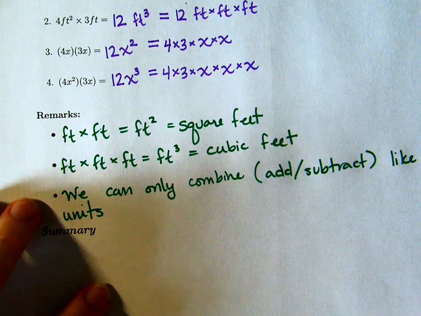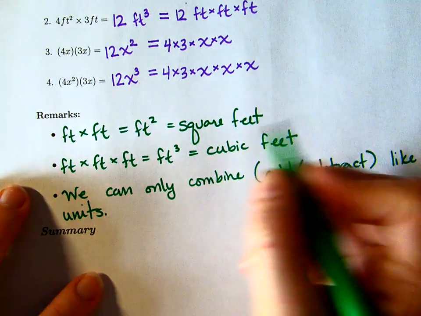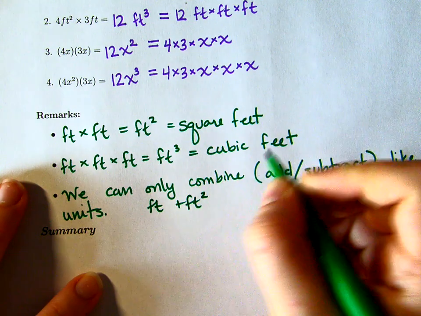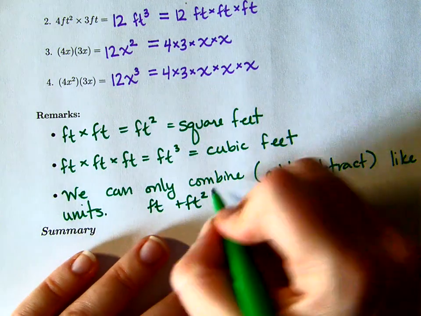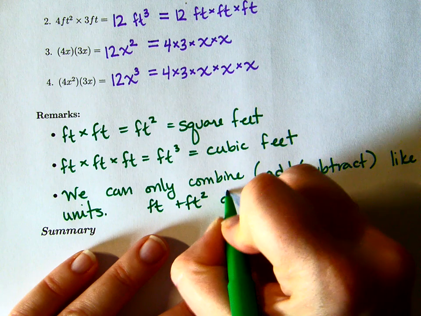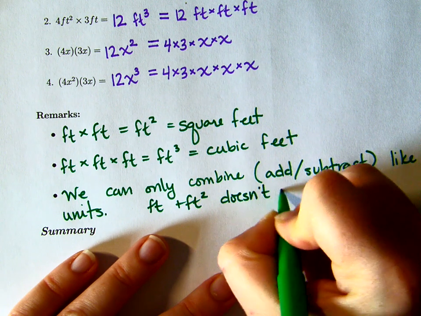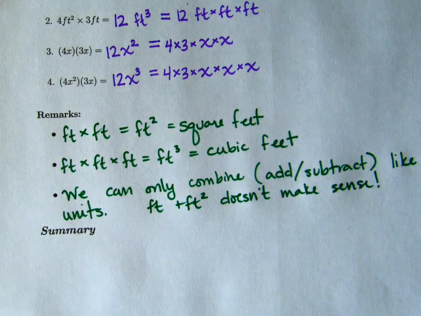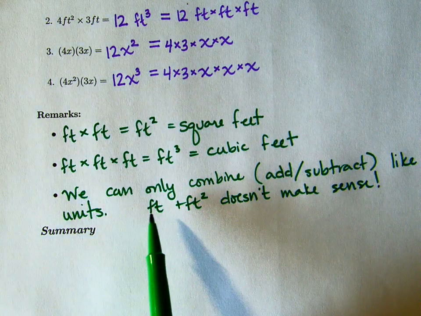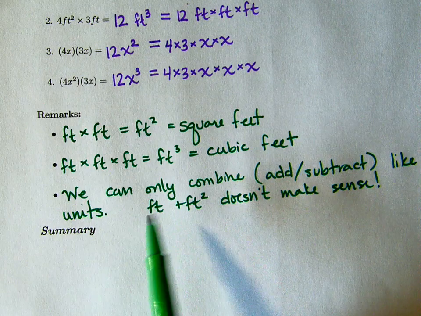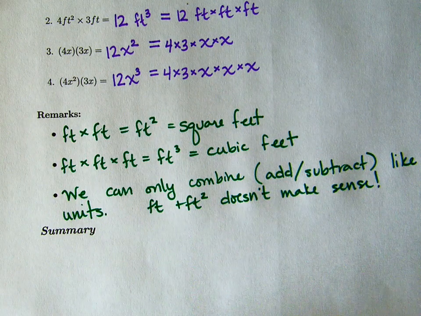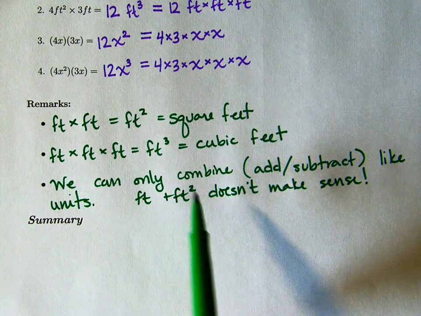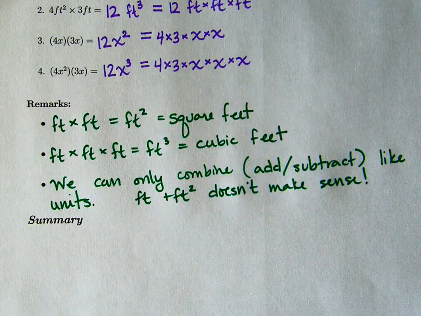Okay, for instance, feet plus square feet doesn't make sense. Okay, this is a perimeter or a length, and this is squares, and if we're going to have units, we don't add feet plus squares. Okay, that's a totally different thing here.